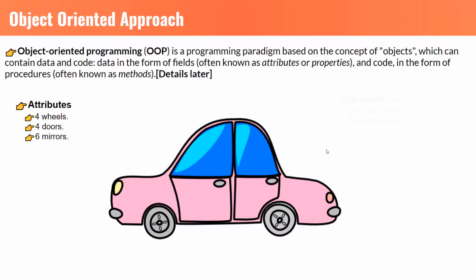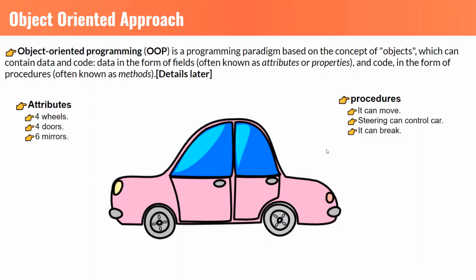And this car also has procedures or features, like it can move, it can have a speed, steering can control wheels, which in turn can control the car, and while you are at speed, you can brake to stop the car or slow it down. Now we divide the car attributes and car functions.